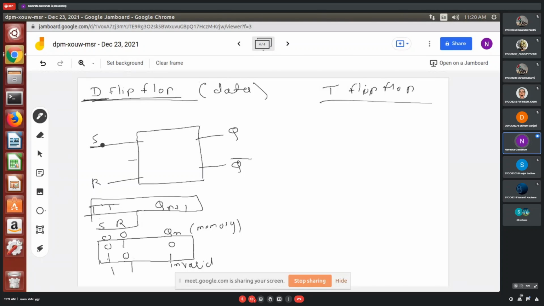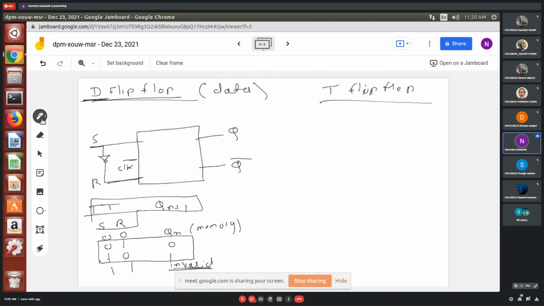Let's consider that I provide only one input and place an inverter over here, whose output is connected to R, and this is the clock. Anyway, this is the invalid condition, and we have to reduce the flip-flop. In terms of that, the data flip-flop is used, where if I provide only a single input, the other input is automatically considered.